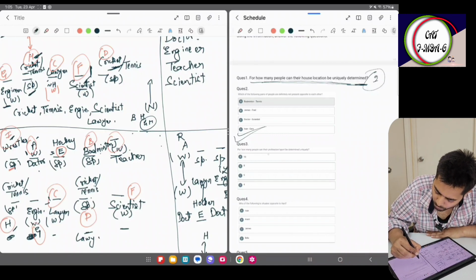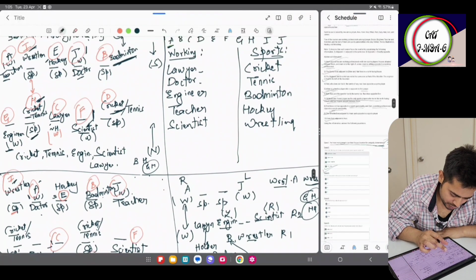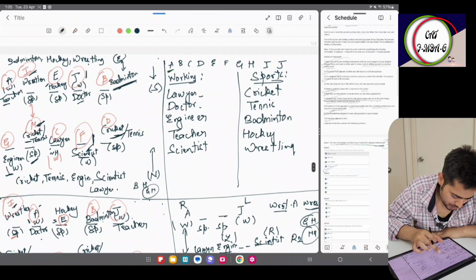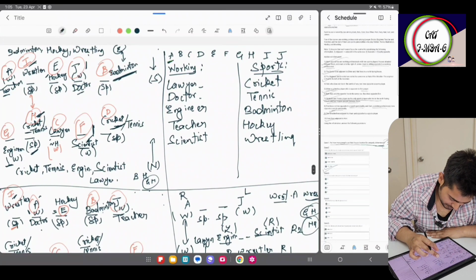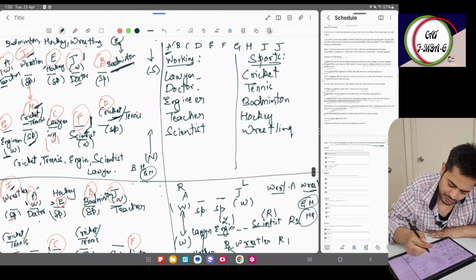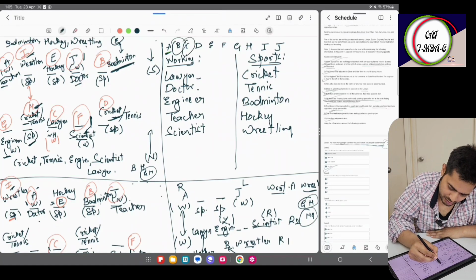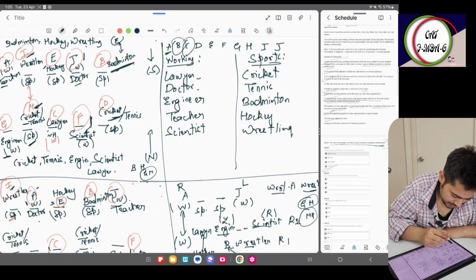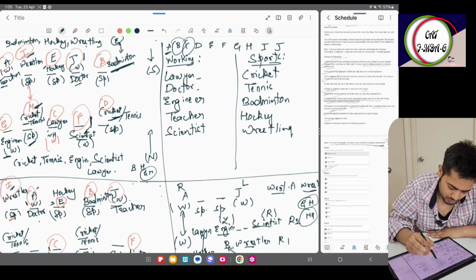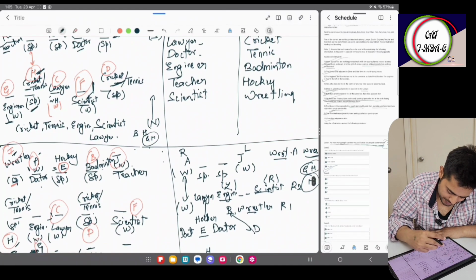Question number 3. For how many people can their profession or sport be uniquely determined? A is a teacher in case 1. A is doctor in case 2. So no. B is badminton in case 1, badminton in case 2. So B. C is lawyer, C is lawyer. So C. D is cricket or tennis, and D is cricket or tennis. So no. E is hockey. F is scientist.